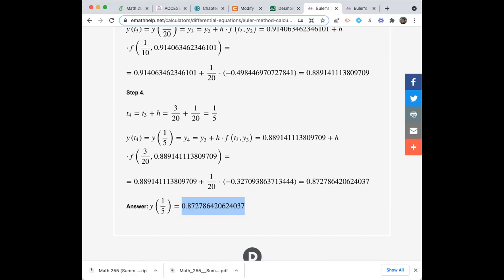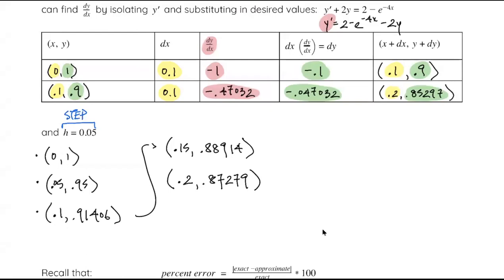So let me switch back to the other screen so you can see what I was talking about. All right, so I've written out the pairs that I had from the calculator online.